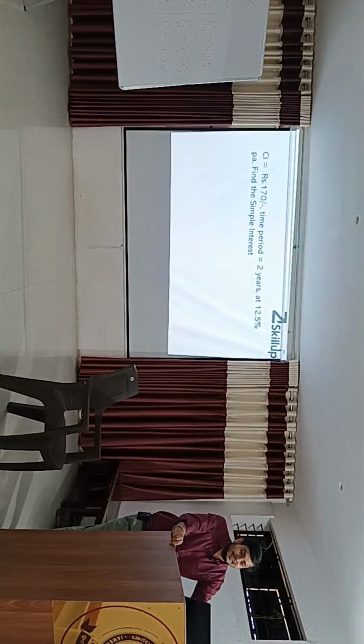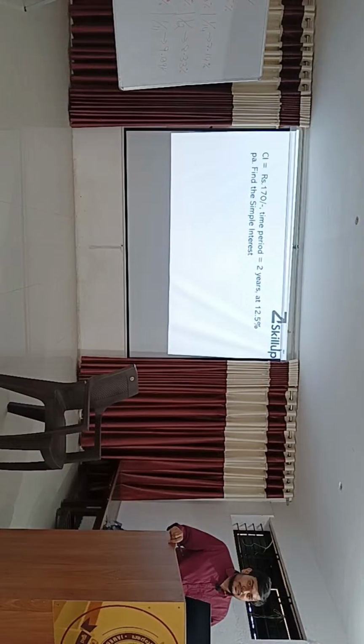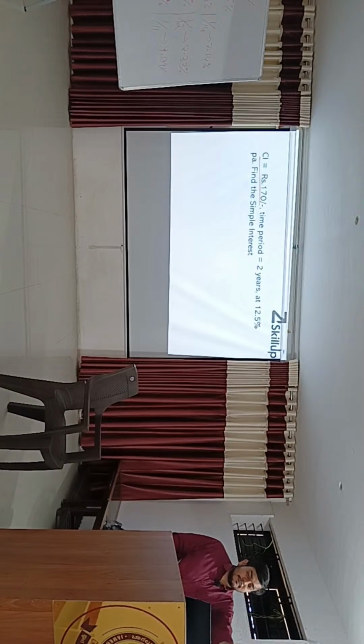12.5%, that is 1 by 8. Compound interest is given, correct. So what is the time period? 2 years. That is 2 is to 1. 12.5 can be written as 1 by 8. I can go outside also, but I'll not go. Why?